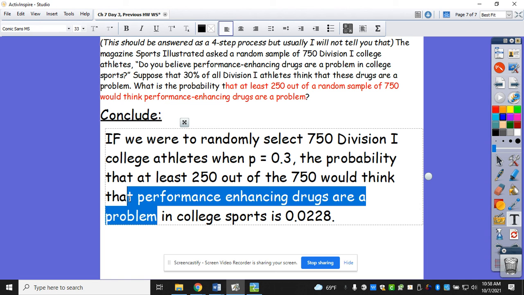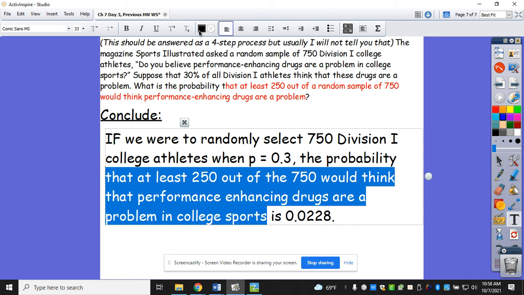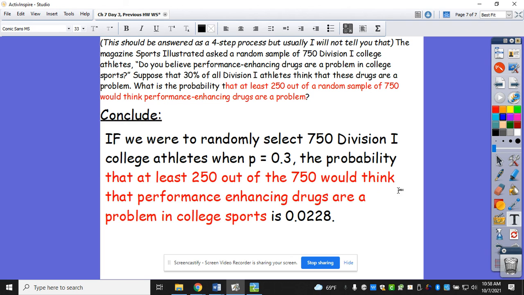Remember I told you that it's going to be essentially restating the same thing, but as an answer instead of a question. So choose the words word for word from the problem. Questions on homework?